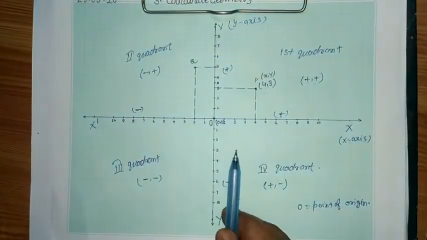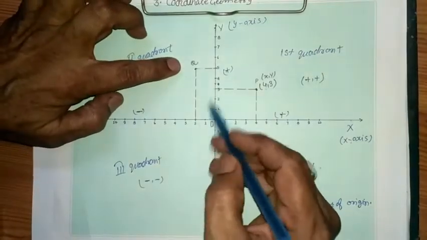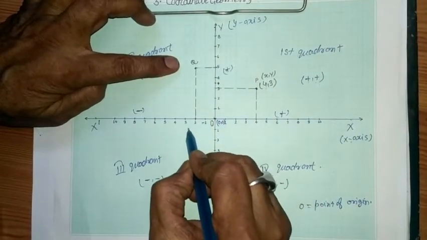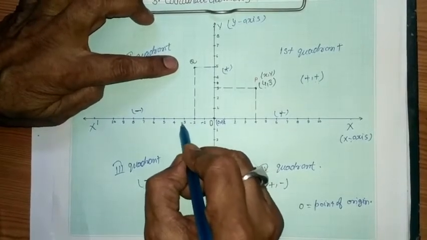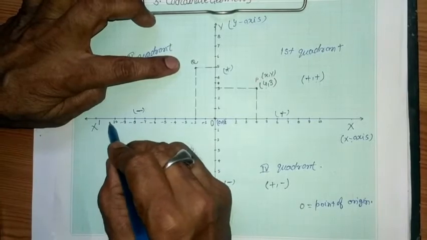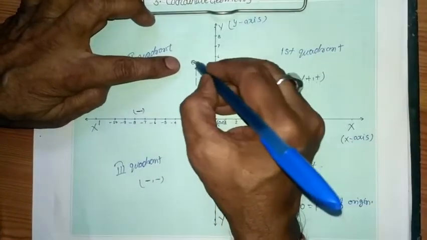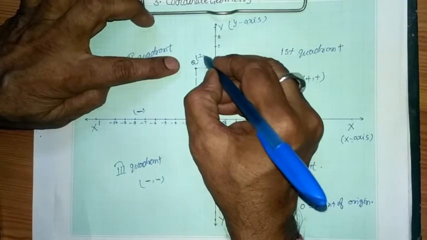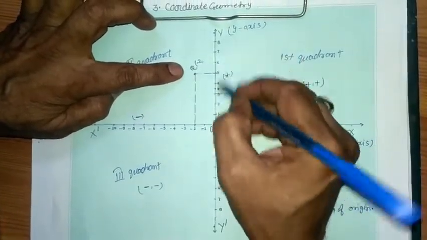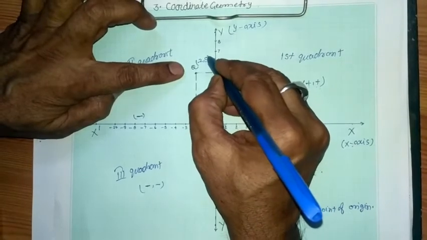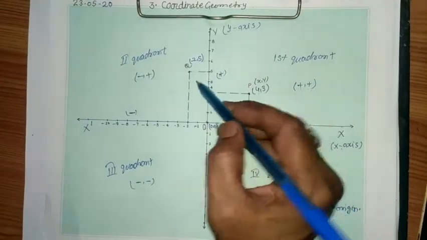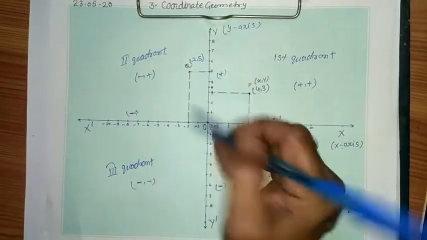We see that its x coordinate is minus 2, and the y coordinate is 5. The coordinate of point Q is (-2, 5).